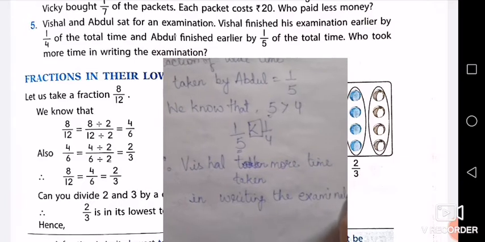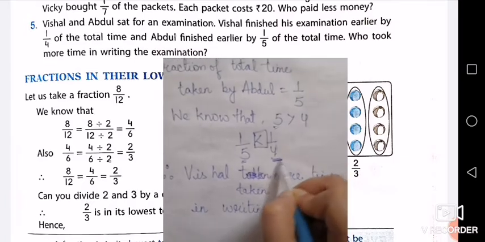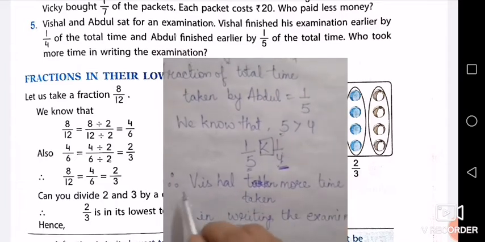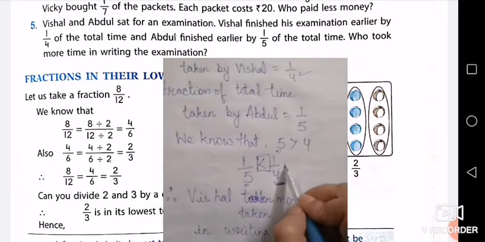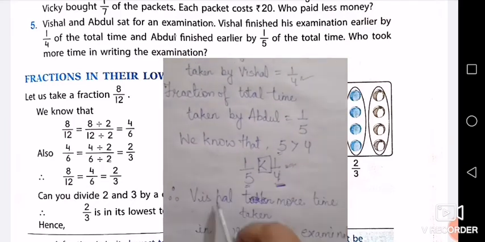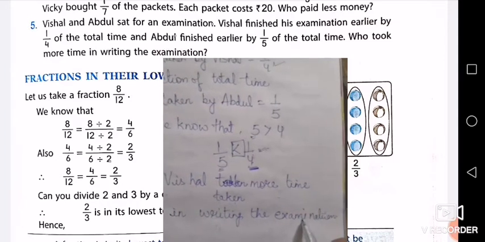Do you understand? Now the fraction which is greater, that much time will be taken by that person. So now here 1 by 4 is greater. 1 by 4 is greater, then Vishal has taken more time in writing the examination.